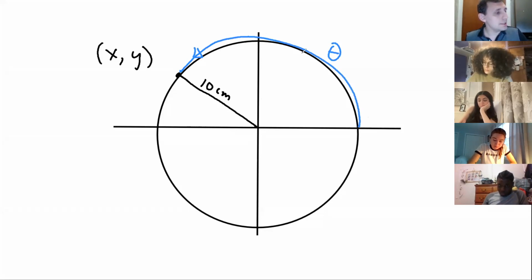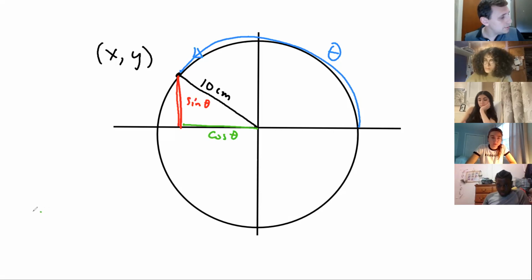I want to know what x and y are. Now, do you see that this thing here is sine theta, whereas this thing here is cosine theta? What's the relationship between those values and x and y?